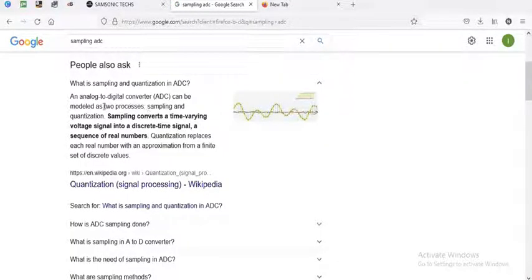So ADC simply means analog to digital converter. ADC can be modeled as two processes, sampling and quantization. Sampling converts a time-varying voltage signal into a discrete time signal, a sequence of real numbers. Quantization replaces each real number with an approximation from a finite set of discrete values.